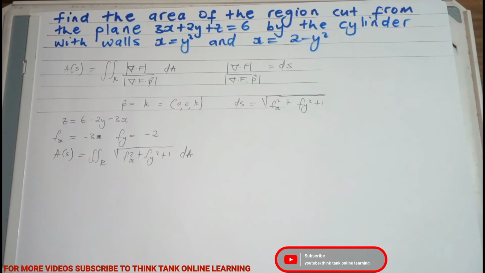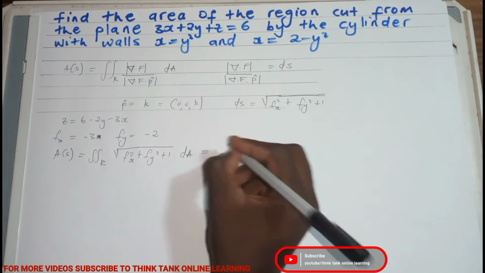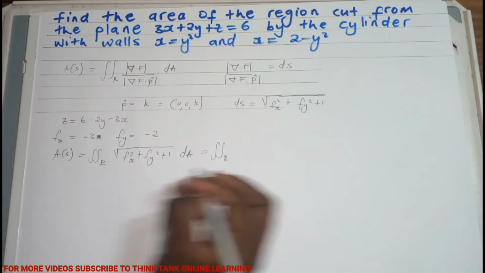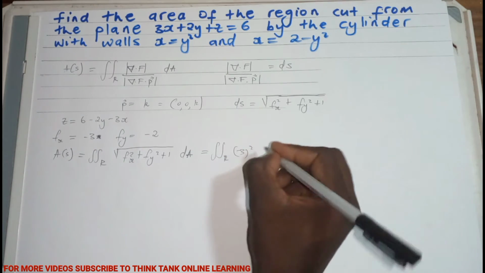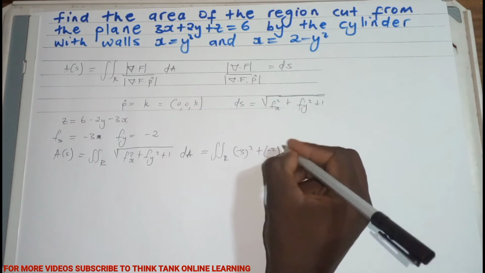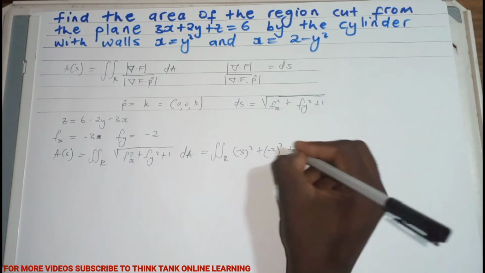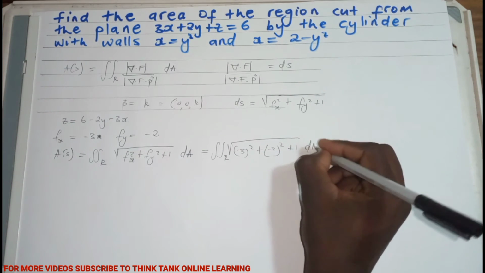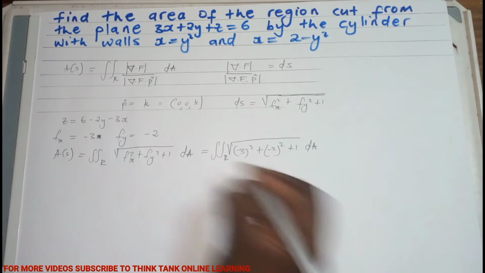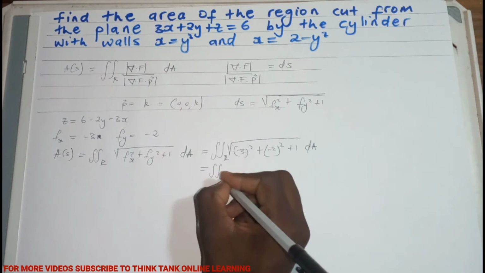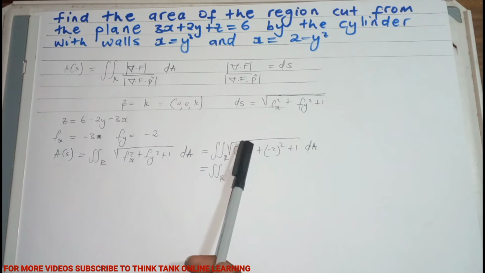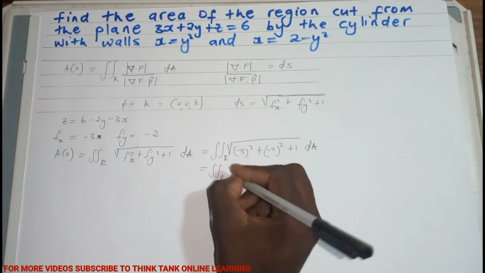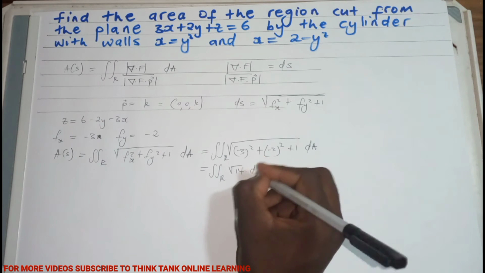So now the double integral over R of the square root of (−3)² + (−2)² + 1, dA. Good here. 3 squared is 9, 2 squared is 4, that's 13, plus 1, and it is root 14 dA.